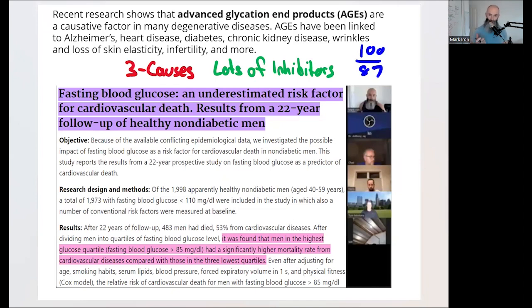Because as you can see right here, fasting blood glucose, a 22-year follow-up of non-diabetic men. So basically, if your fasting blood glucose is over 85, that's 4.7 here in Australia, you've got a significantly higher mortality rate from cardiovascular disease.